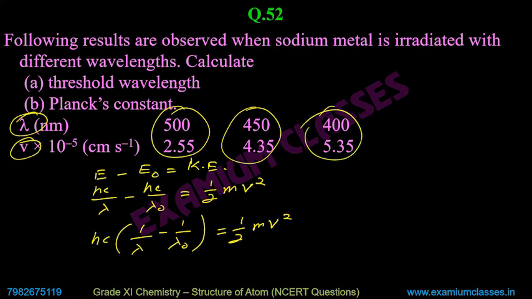How can we form the equation? I'm writing just here so that I can use the space. 1 by lambda minus 1 by lambda naught equals half mv square.